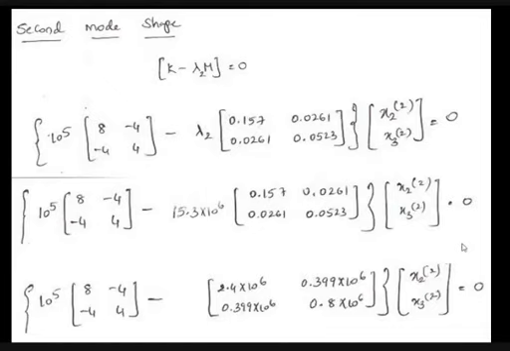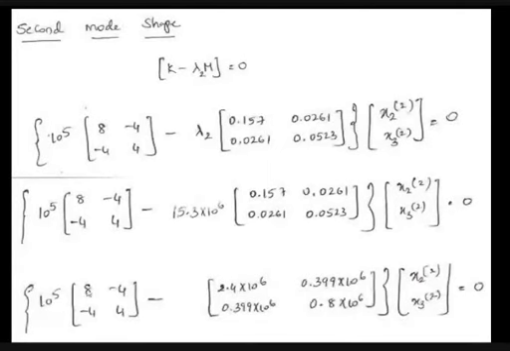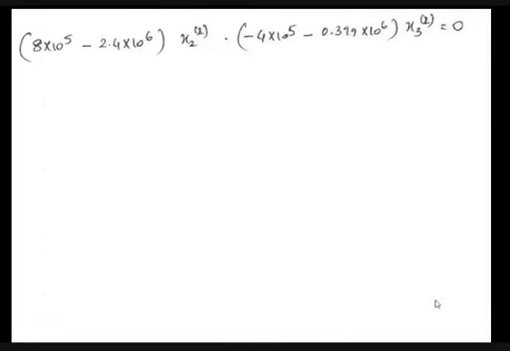Further simplifying this, I take the first two terms, that is 8 into 10 to the power of 5 minus 2.4 into 10 to the power of 6, x2 of 2, minus 4 into 10 to the power of 5 minus 0.399 into 10 to the power of 6, x3 of 2 will be equal to 0.